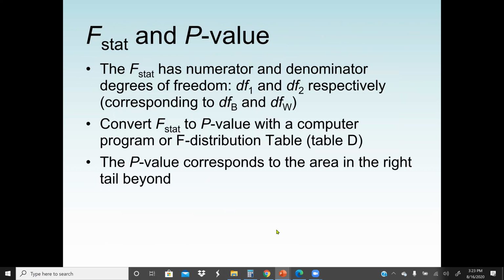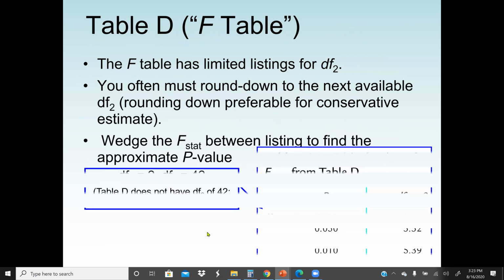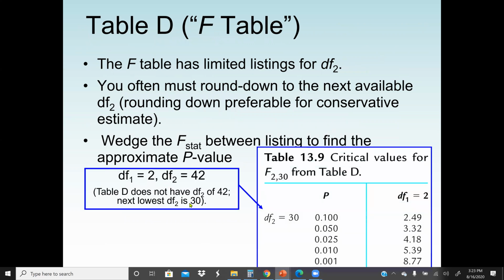We have to go to the table to look for the corresponding p-value. So here we say the F stat has a numerator and denominator degree of freedom, so we'll see the degrees of freedom in 2 rows, respectively. We convert the F star to a p-value with a computer program or an F distribution table. So let's see how the table looks.